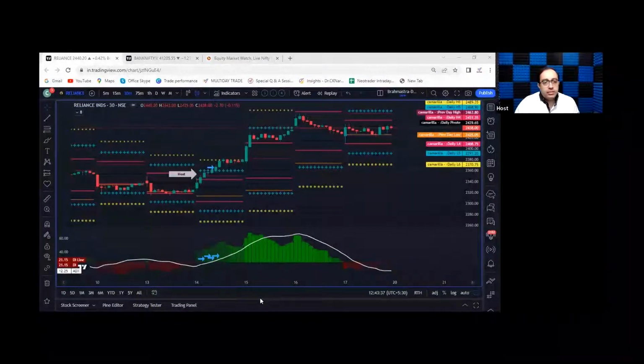Clear? You have to take additional. If you want to take 2 lots, take 2 lots. If you want to do it in cash, buy for X amount, then buy for the same amount again. Clear?